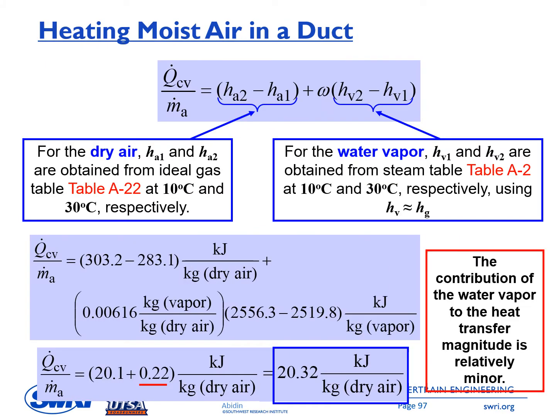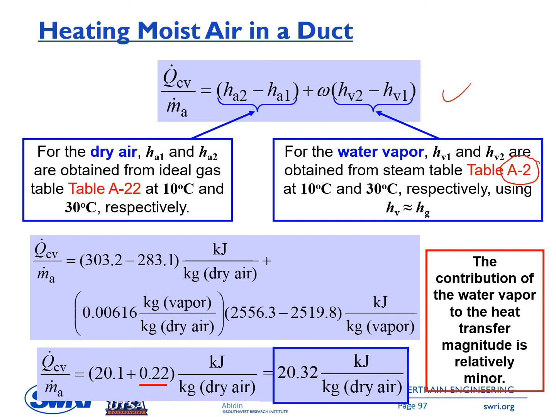And then I write down the equation in this slide again. So we have two terms on the right side. The first term, we can use table A22 to get hA1 and hA2. So temperature at point 1 is 10 degrees C, and then at the exit is 30 degrees C. And then for the second term, we can use table A2, and it's equal to hg at the corresponding temperature.